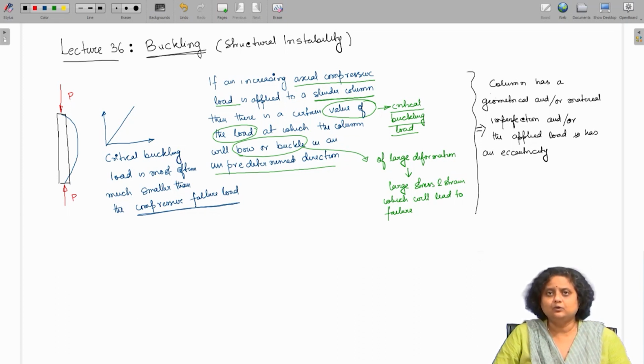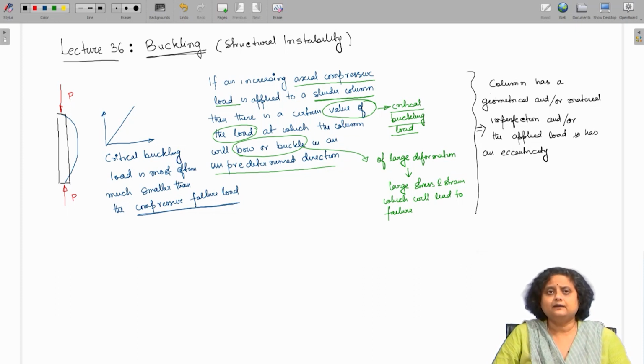Even when the load applied is not completely aligned with the centroidal axis, it has some form of eccentricity, it is slightly off the centroidal axis, or there is some misalignment between the two loads, then also the column becomes vulnerable to buckling failure.